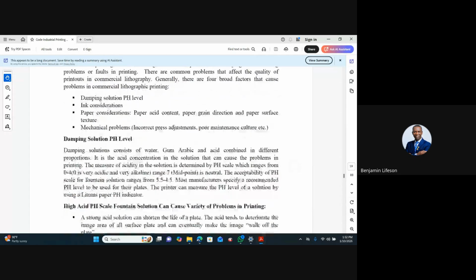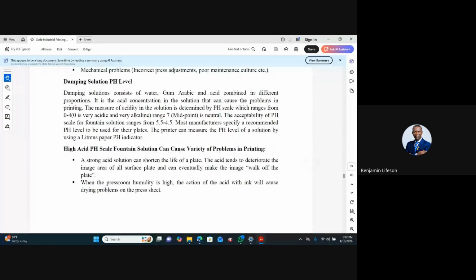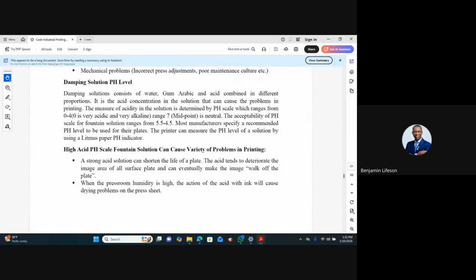So the first one is the damping solution pH level. Damping solution consists of water, gum arabic, and acid combined in different proportions. It is the acid concentration in the solution that can cause a problem in printing.